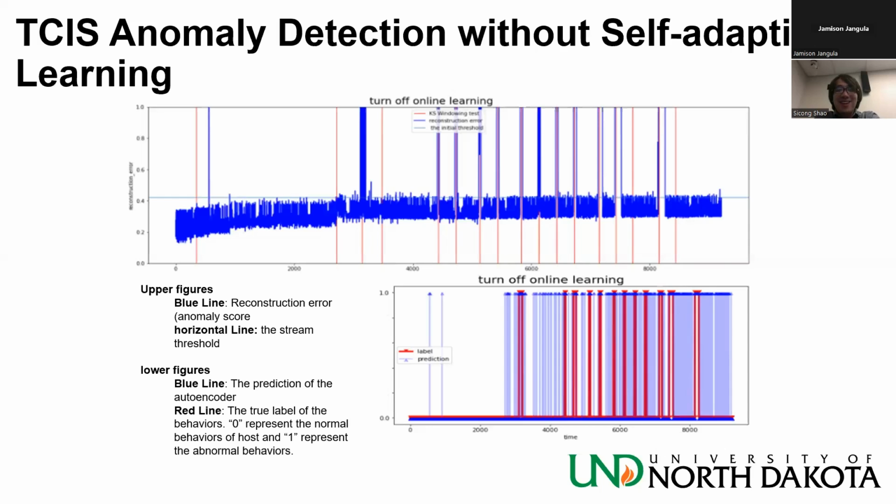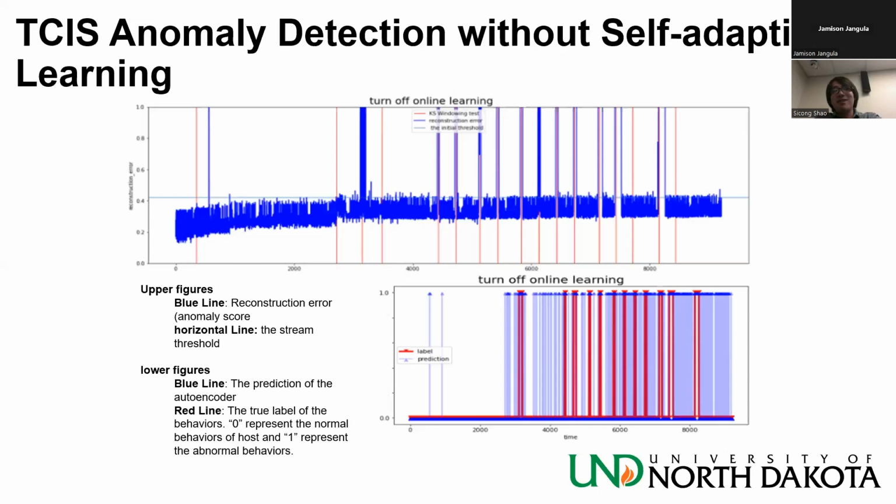In the lower figure, the prediction is represented in blue, and the label is red. So if they completely overlap, your accuracy is 100%.